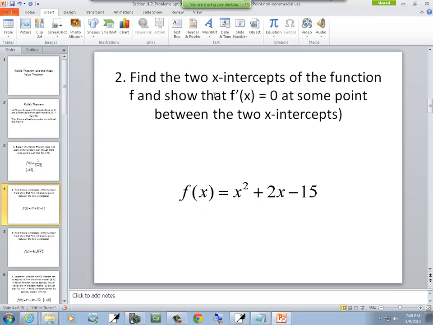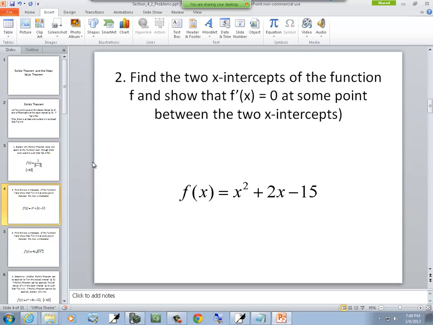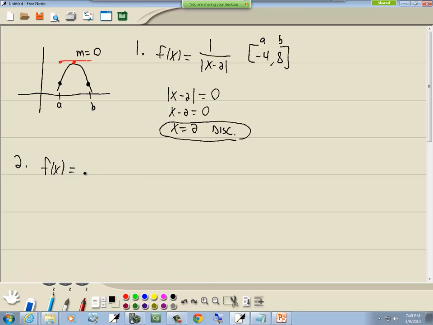Now, the next problem says find the two x-intercepts of the function f and show that f'(x) is equal to 0 at some point between the two x-intercepts. So we've got f(x) is equal to x squared plus 2x minus 15.